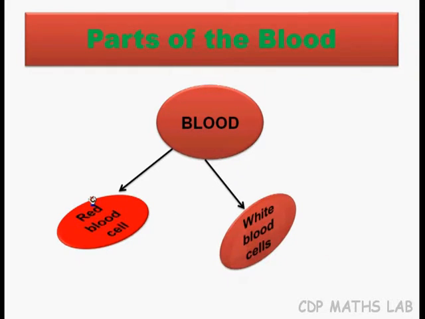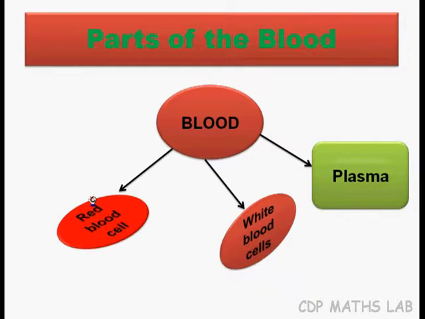What else now? Yes, so the blood also has white blood cells. So it has red blood cells and white blood cells, and it also has plasma. Do you know what plasma is? All right, we'll tell you in a few. Good.